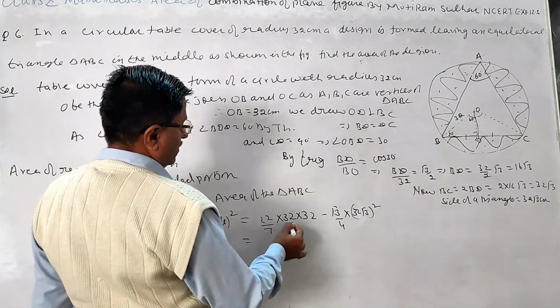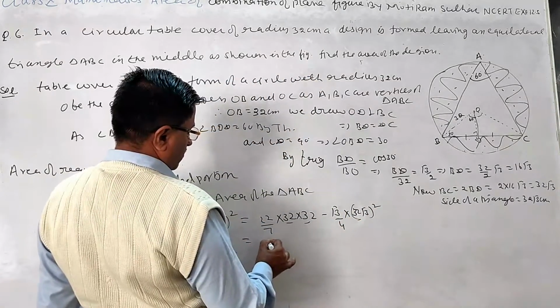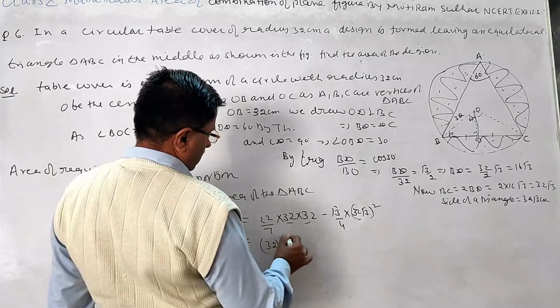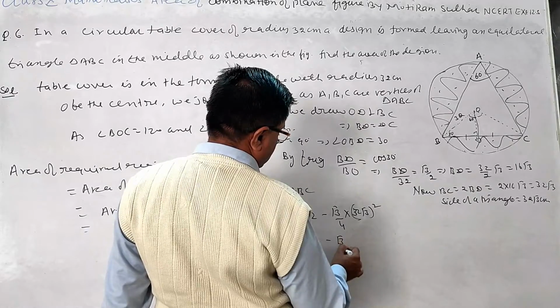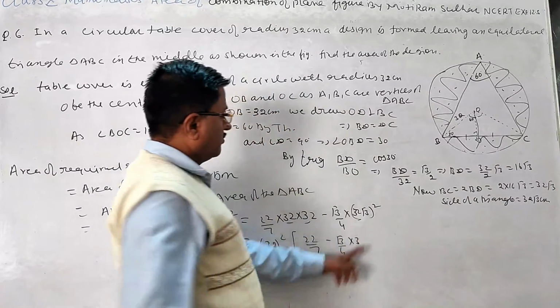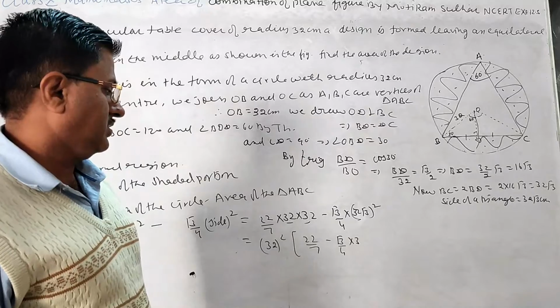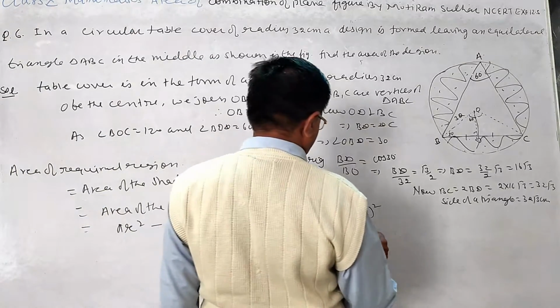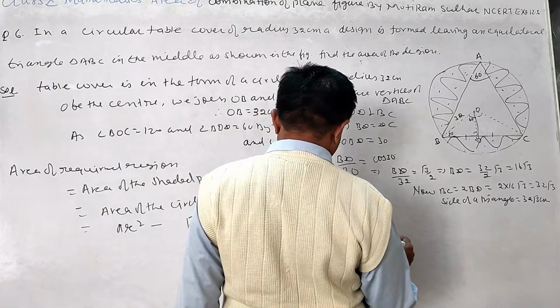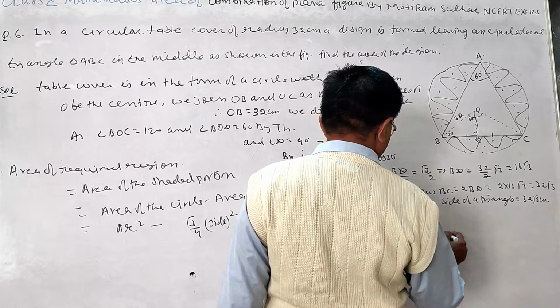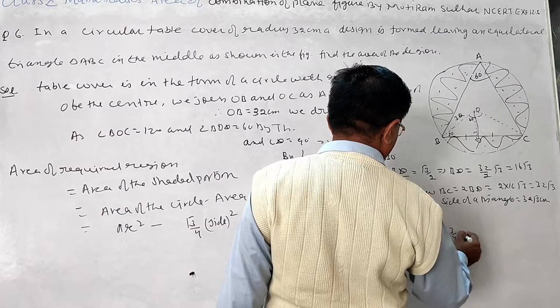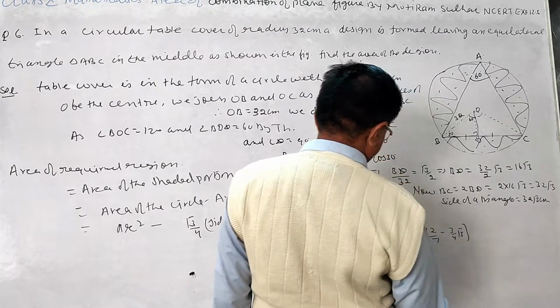So you can say 32 square you take common. So here left 22 by 7 minus root 3 by 4 into 3, because root 3 square is 3. So calculate this one: 32 square into 22 by 7 minus 3 by 4 root 3.